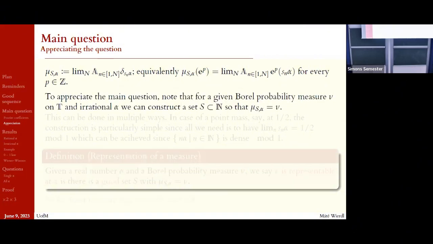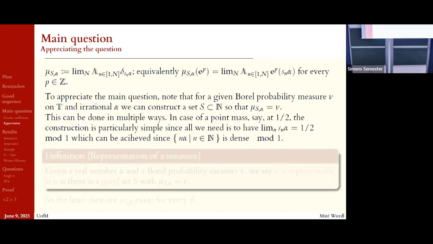So to appreciate the main question, note that for a given Borel probability measure nu on the torus and irrational alpha, we can easily construct a set S so that the limit measure is equal to nu. So that's easy to construct. This can be done in multiple ways.